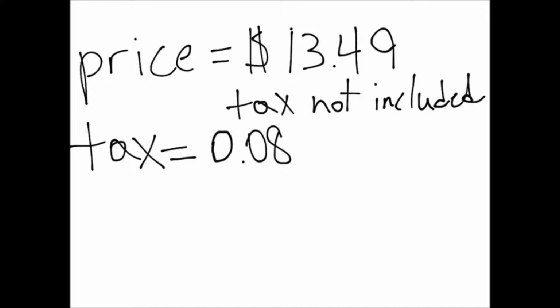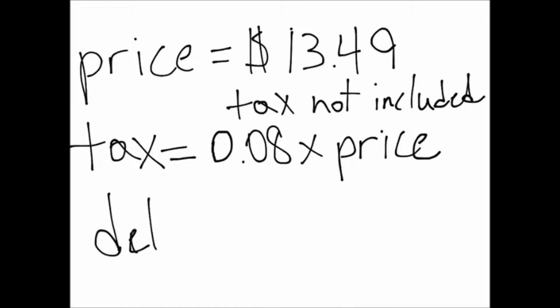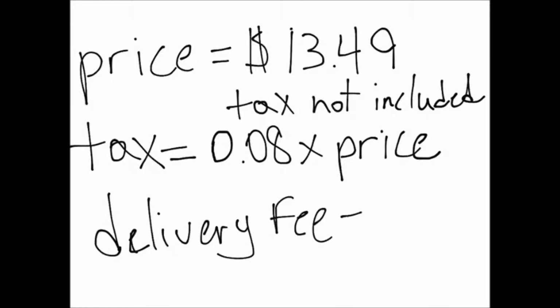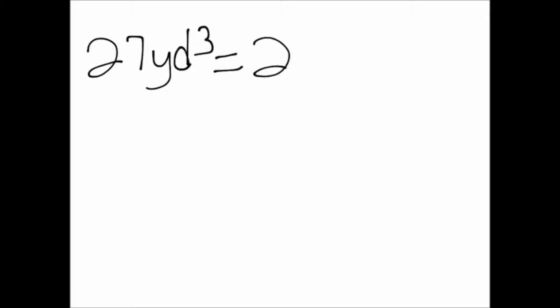So, to find the tax, you would have to multiply the tax rate, which in this case would be 0.08, by the price, the price after you put it into your formula. And the delivery fee is $55.